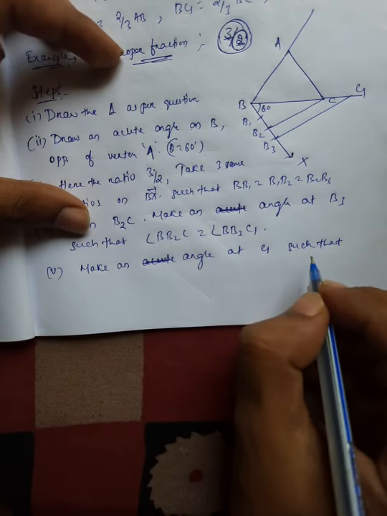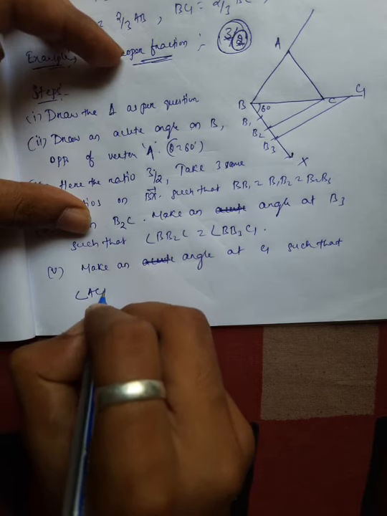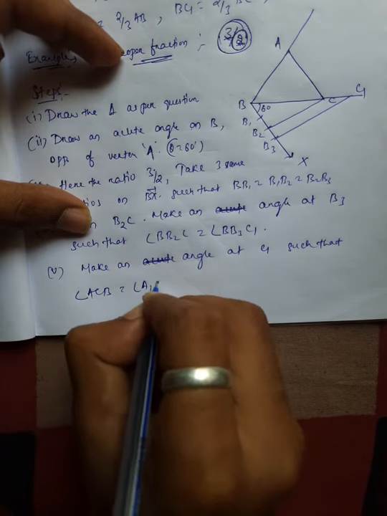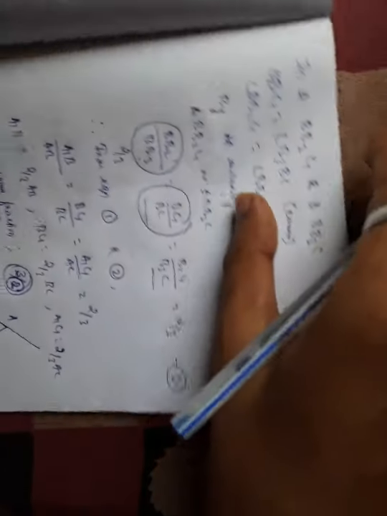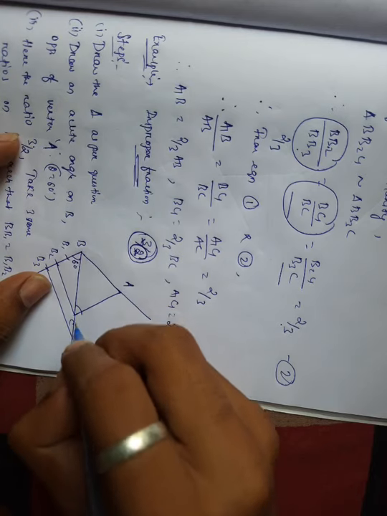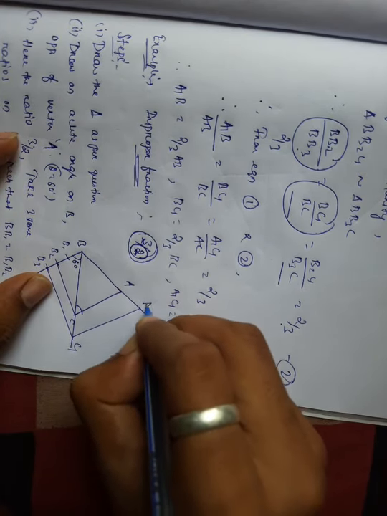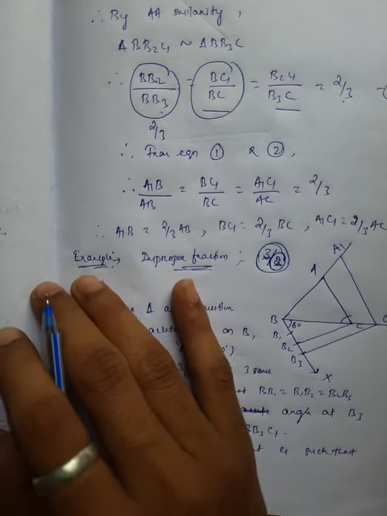Make an angle at C1 such that angle ACB equals angle A1C1B. Now I have to draw the same angle as at C, at C1, and this one is A1.